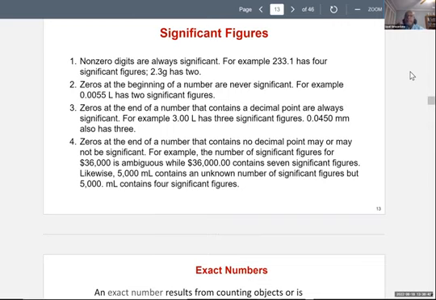You count all the digits, starting from the uncertain digit to the left: 1, 2, 3, 4. So this number 233.1 has 4 significant figures. Pretty easy to find significant figures when there are no zeros.